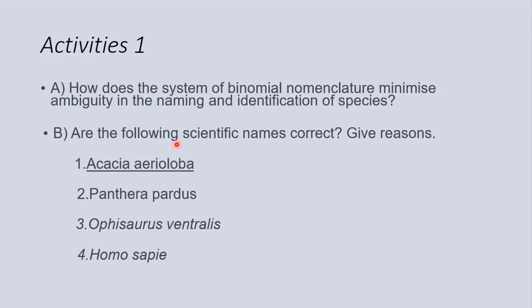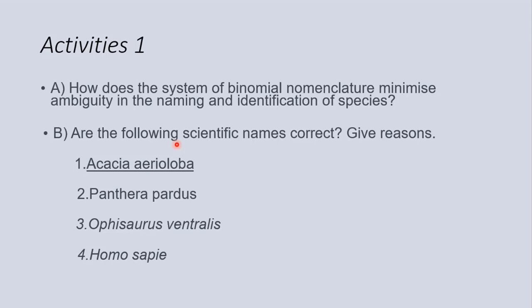The first part is capitalized, but the second part is not italicized, and the whole name is not even underlined. Yeah. And if they don't want to underline it, what should they do? Italicize it, right? Yes. So the first letter is in capital letter, but the person did not underline it. If you didn't want to underline it, he was supposed to put it in italics.